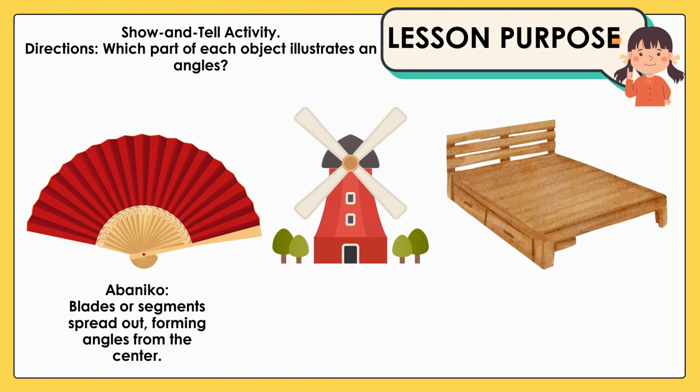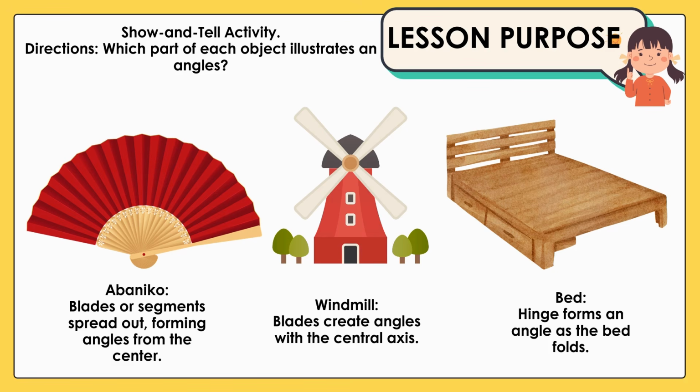Blades or segments spread out, forming angles from the center. Next is windmill. Blades create angles with the central axis. Third is bed. Hinge forms an angle as the bed folds.